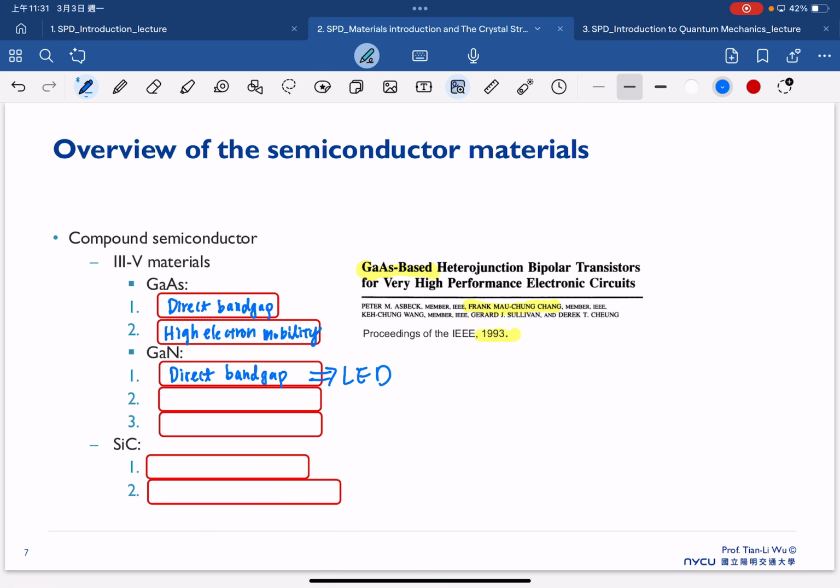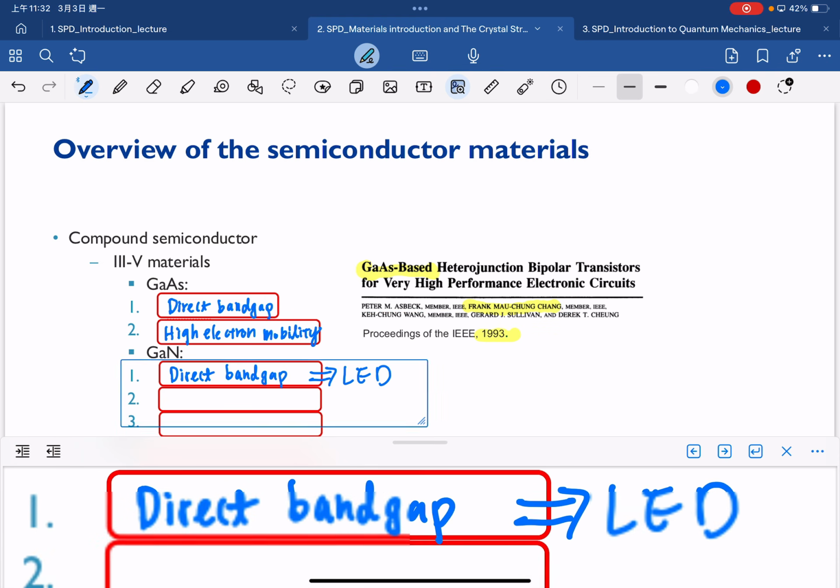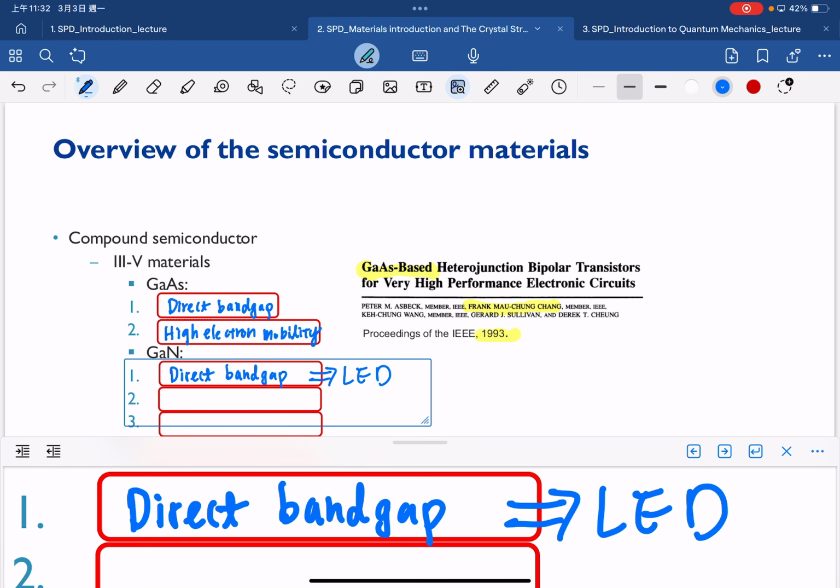And even the inventors related to the LED, three professors from Japan, in the end won the Nobel Prize because they were the first to adapt gallium nitride to try to realize the blue LED. And gallium nitride also has a very good property in terms of high electron mobility.